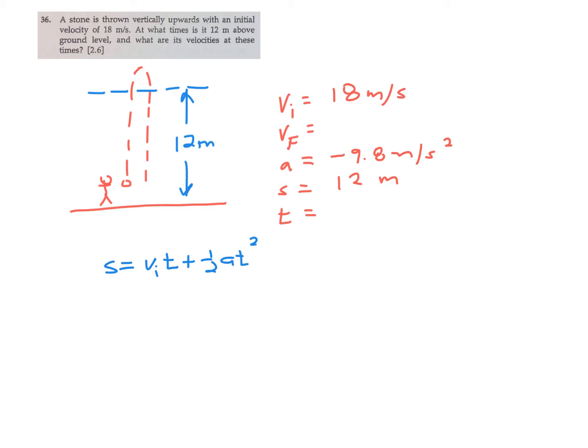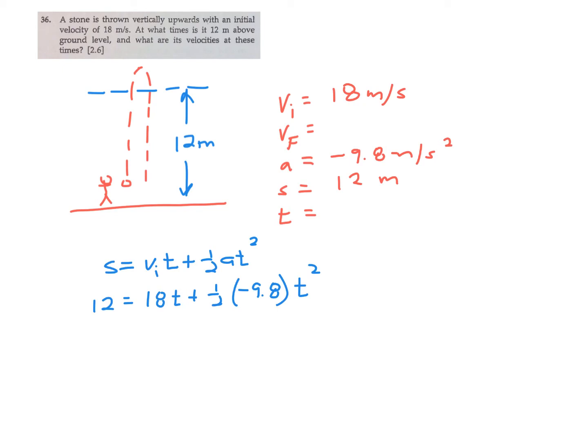In other words, if I just plug in here, I have 12 equals 18t plus 1/2 times negative 9.8 t squared. If you move things around algebraically, well, 1/2 of the 9.8 is 4.9.